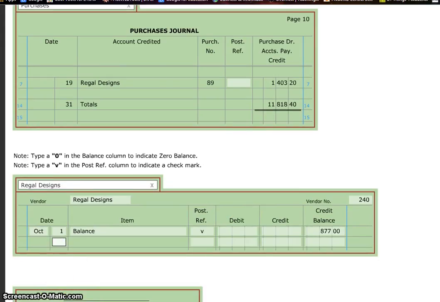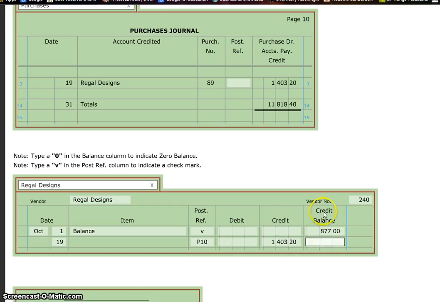So here we're going to write the date, the 19th. Where did we get this information from? It's P10 for purchases journal page 10. So remember we write here P10. And again, we said it was the accounts payable credit, so we're going to place it in the credit amount, 1403.20.